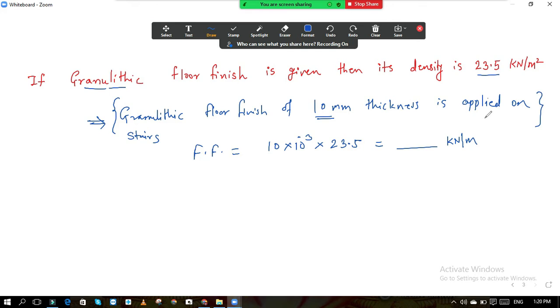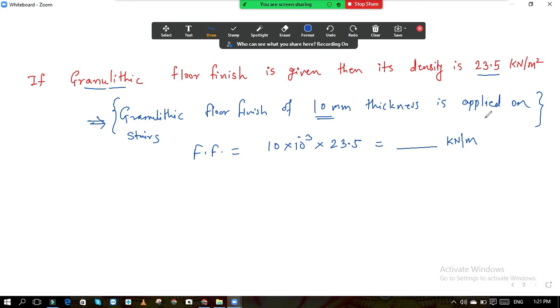So in the numerical, if the granulithic floor finish is given, you need to do this. And if any other type of floor finish is applied and its thickness is given, then along with that they will give you the density also.